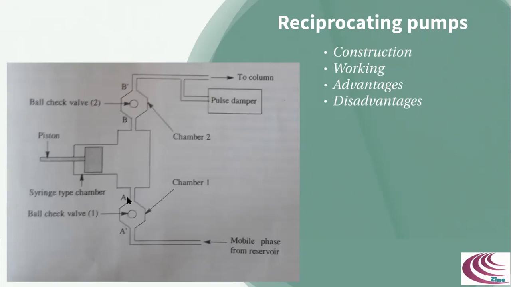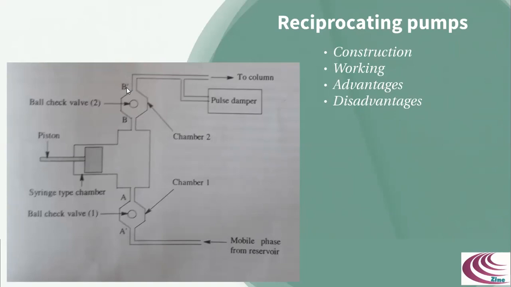The mobile phase flows from the solvent reservoir into chamber 1, but not into chamber 2. And when the piston direction is reversed, the check valves occupy the positions A dash and B dash respectively.